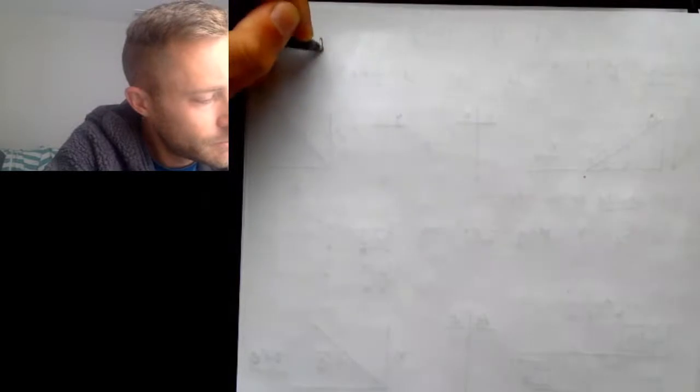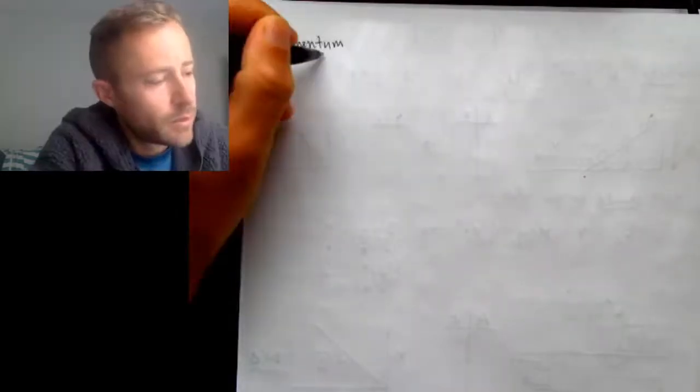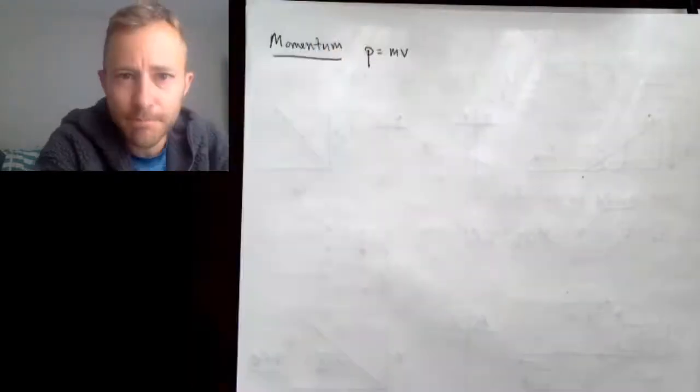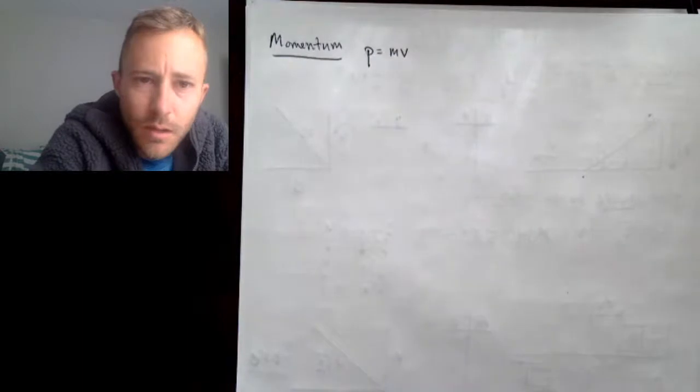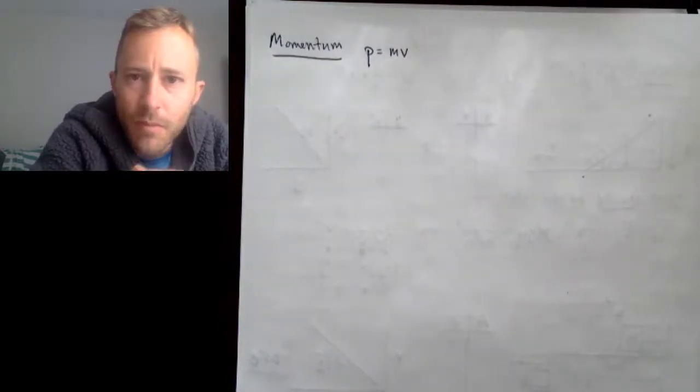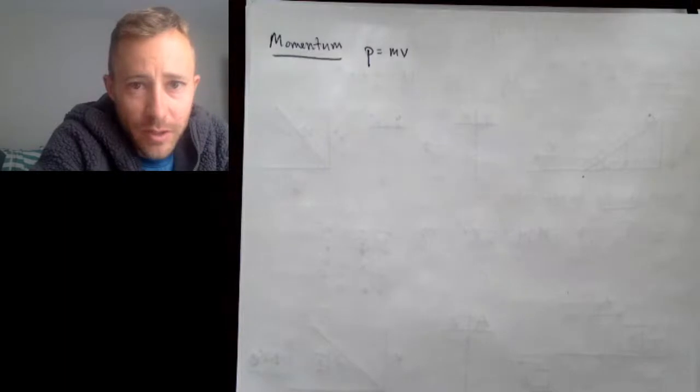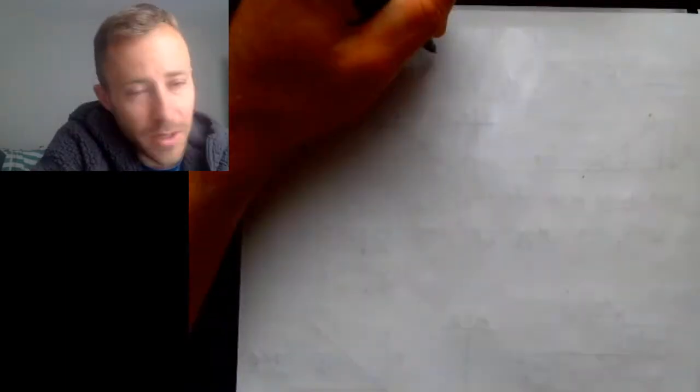The next thing I want to discuss is momentum. So the equation for momentum is p equals mv. And one of the things about momentum is it is conserved in collisions.